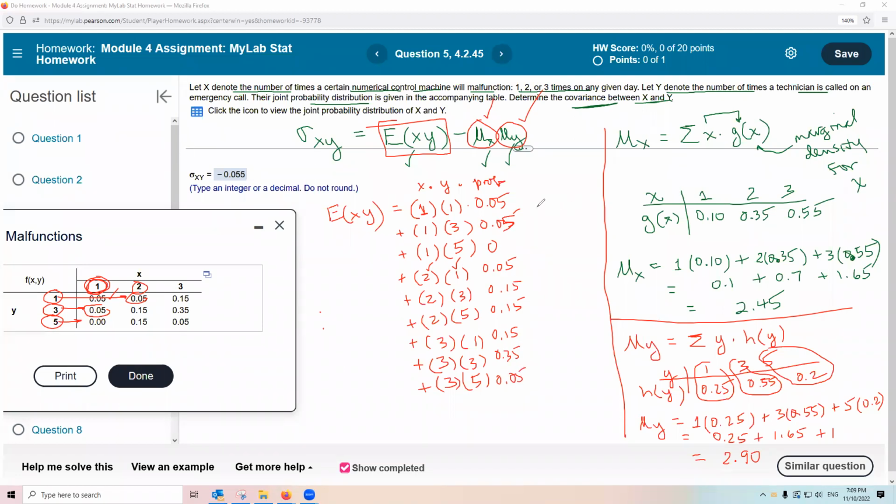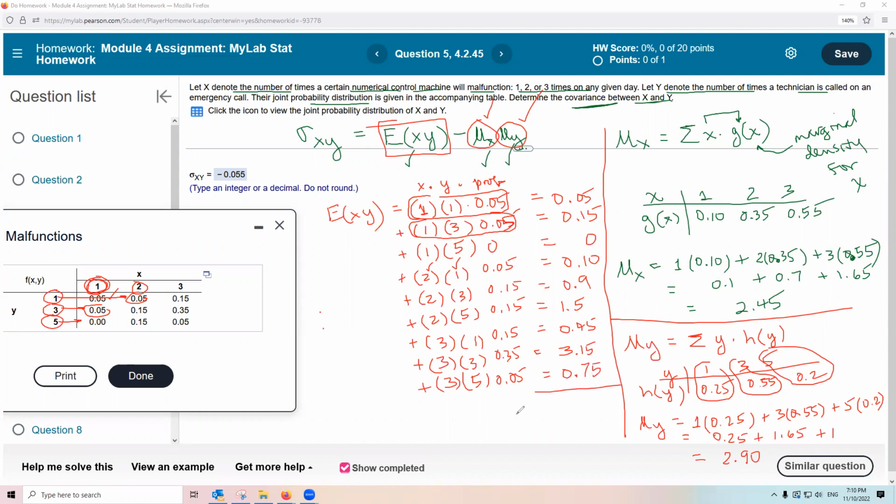All right, so let me multiply these out quickly here. So the first row, we got a 1 times a 1 times a 0.05. That's 0.05. The second row, we got a 1 times a 3 times a 0.05. That's 0.15. This next row is a 0. Then we have a 0.1, 0.9 here, 1.5 there, because I'm just multiplying straight across here, 0.45, 3.15 for that, and down here, 0.75, I think, yeah.